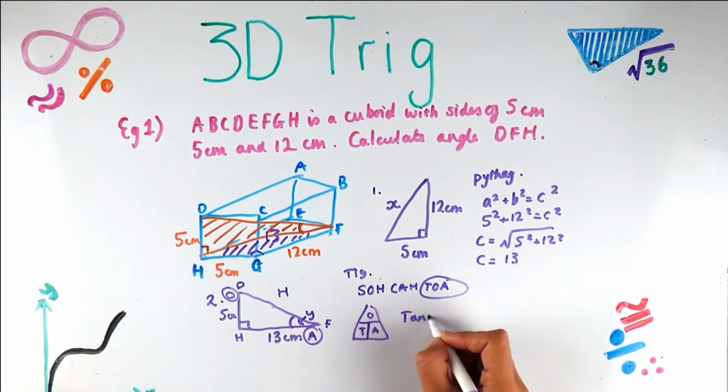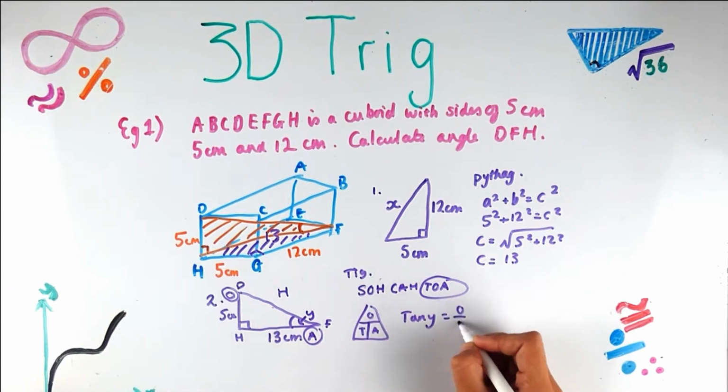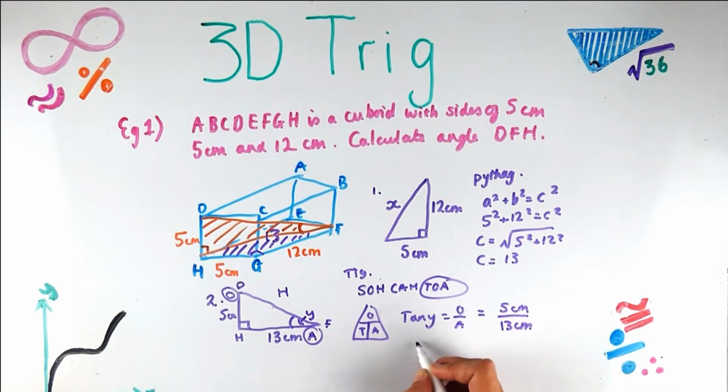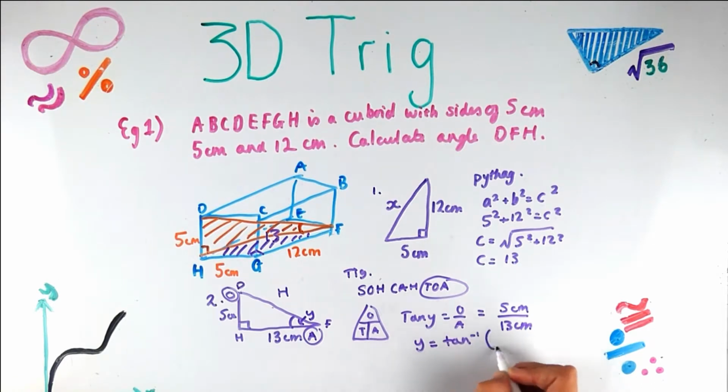We've got tan of y equals O over A, which equals the opposite, 5 centimetres over 13 centimetres, so y equals tan to the minus 1 of that, and y equals 21.0 degrees.